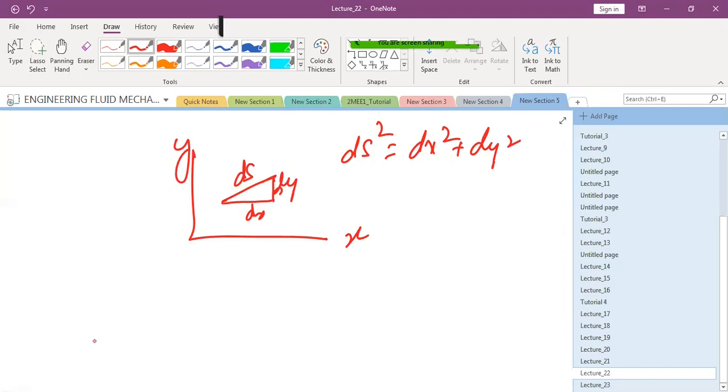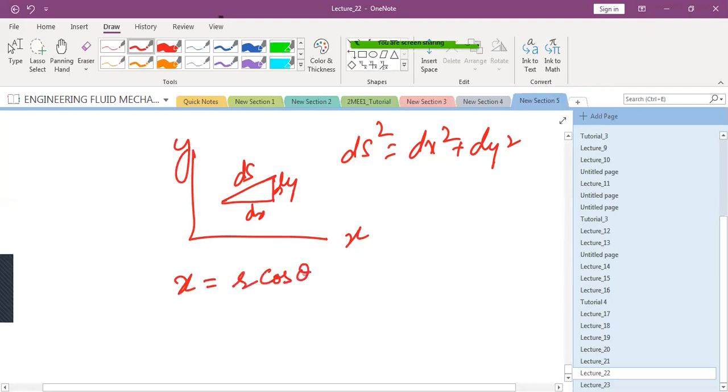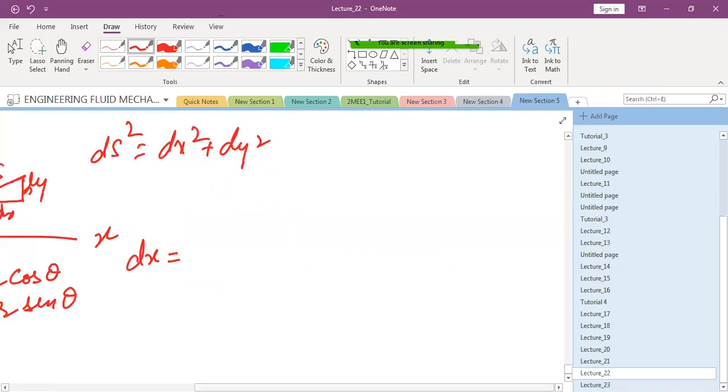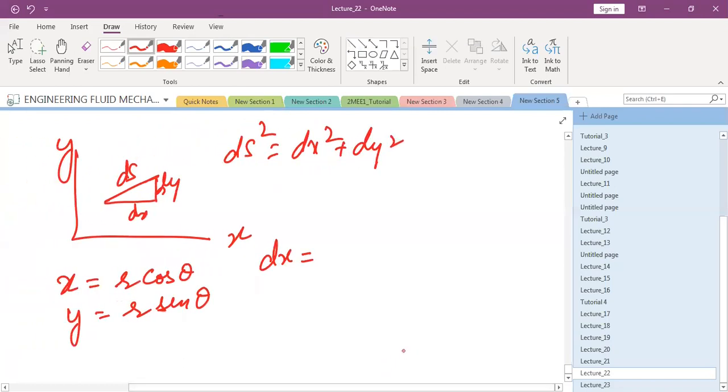Now, you know that x is equal to r cos theta, y is equal to r sin theta. If I ask you what is dx equal to, what will be your answer? What is dx equal to?